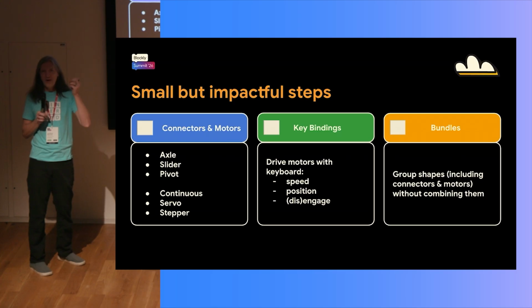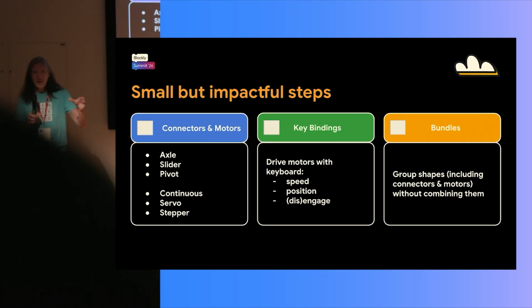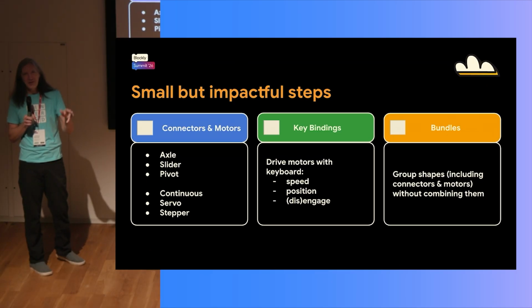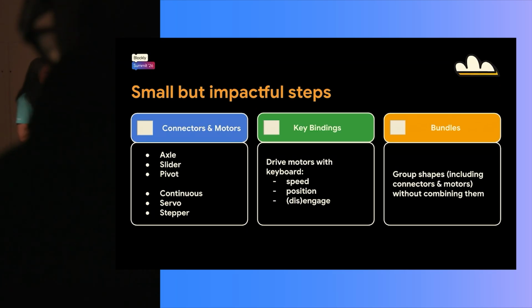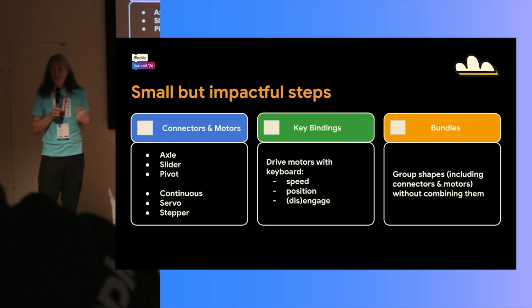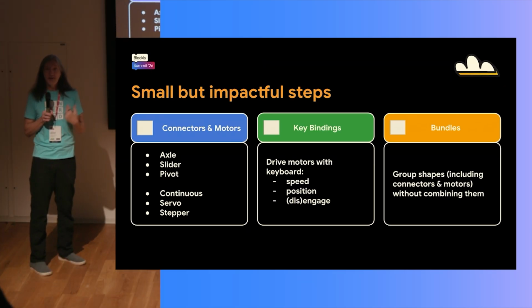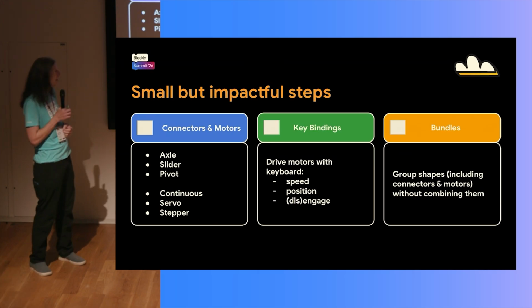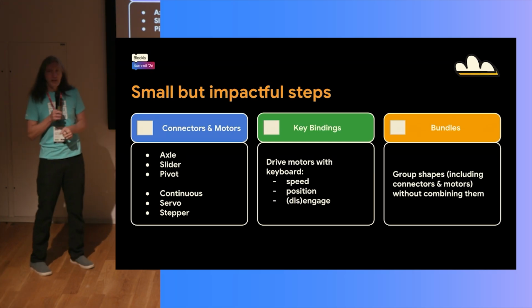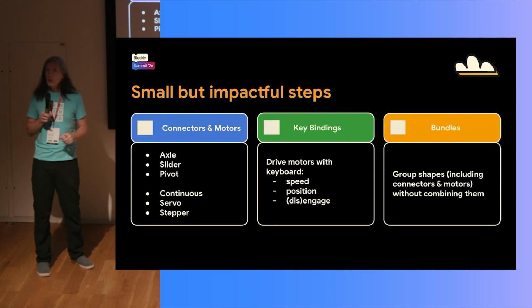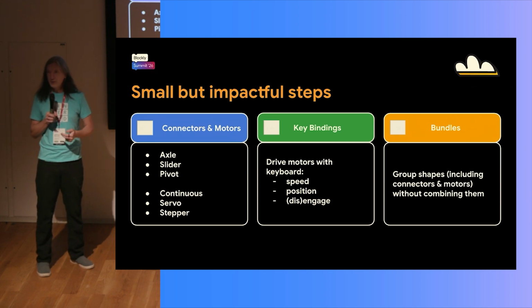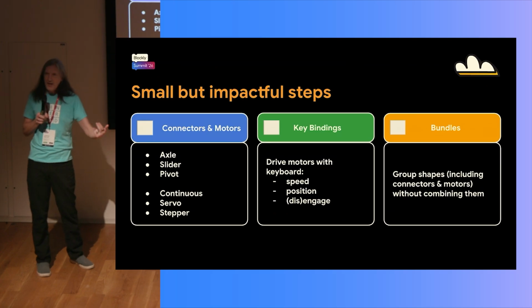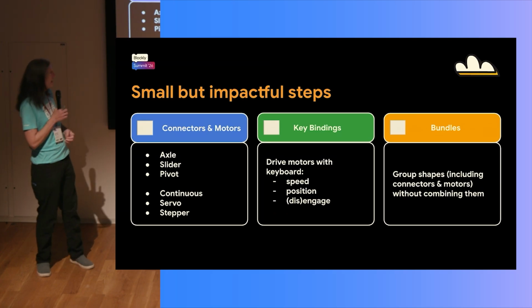If you want to introduce forces, you can click and throw random objects. But actually adding motors to drive things and defining how they relate to multiple objects. And then key bindings, which give you keyboard control to drive motors, so you can set the speed or disengage the motor and that kind of thing.